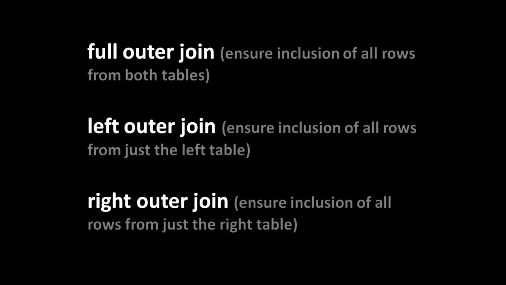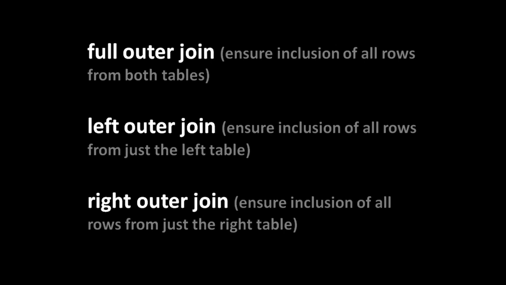There's what's called a left outer join, which ensures inclusion of all the rows from just the left table, which is to say if we write A outer join B, the so-called left table is A because it's the one written on the left. And conversely, a right outer join ensures the inclusion of all rows from just the right table. So if we write A right outer join B, that's ensuring inclusion of all rows in just table B, not A.